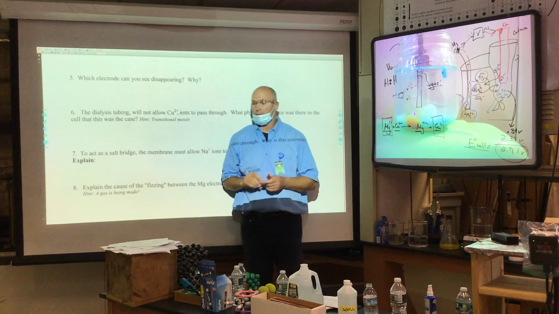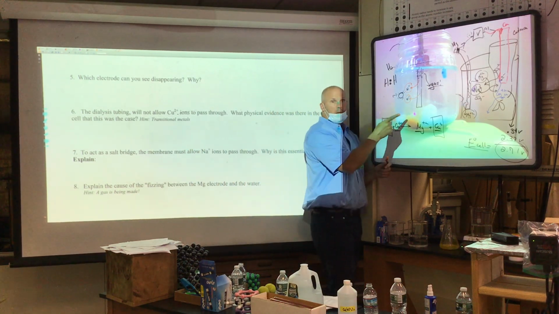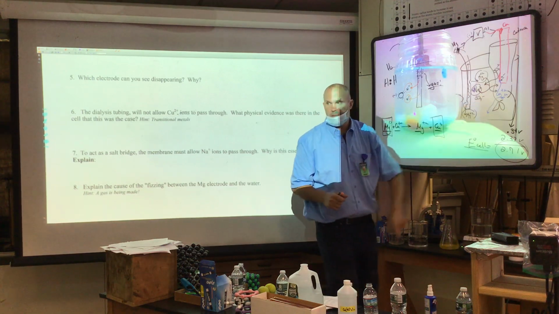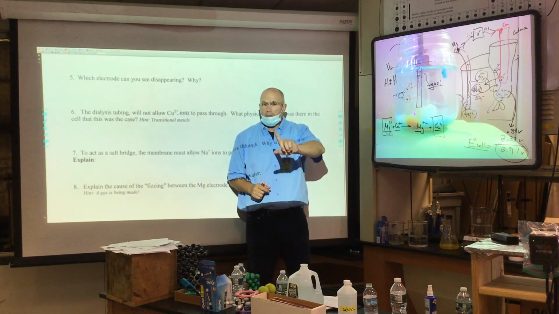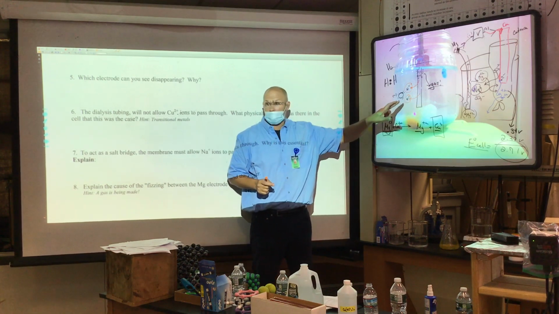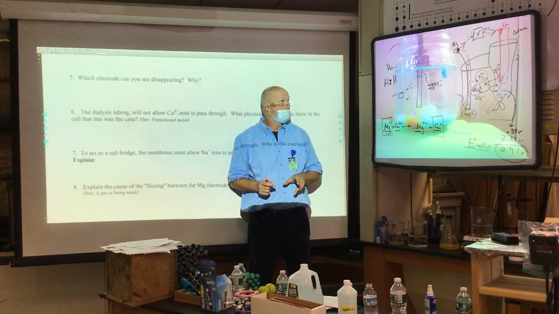So party people, it's important to realize we had a side reaction. Mg was not only pushing its electrons to the copper plus 2, it was also using some of its oxidative force to push its electrons onto the H's of water to make hydrogen gas. Okay? That's important.